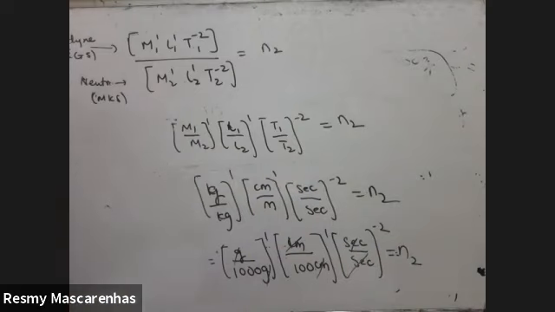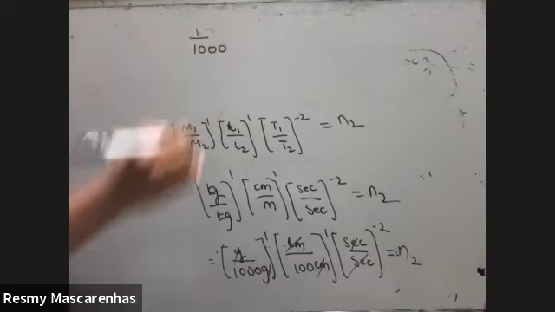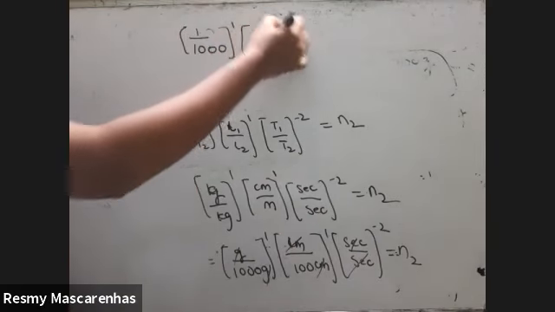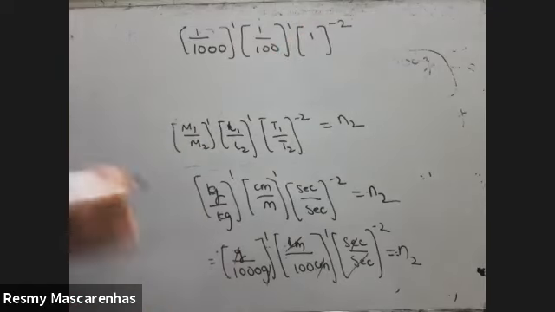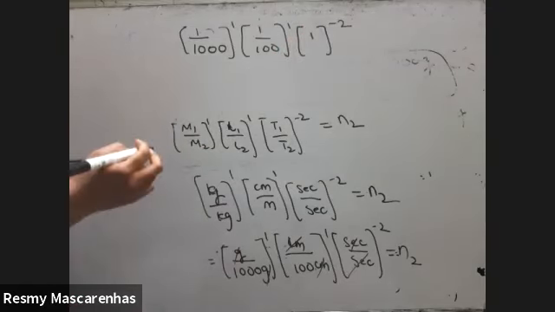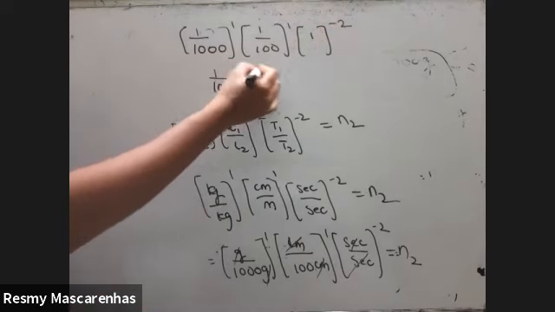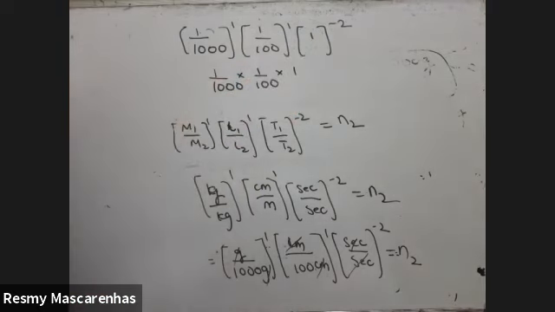So what is going to remain? 1 upon 1000, 1 upon 100, 1 meter. And then this all will be 1. So total here, 5 zeros.